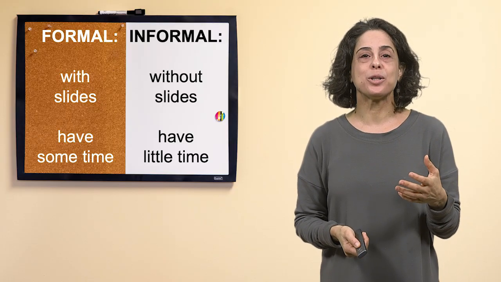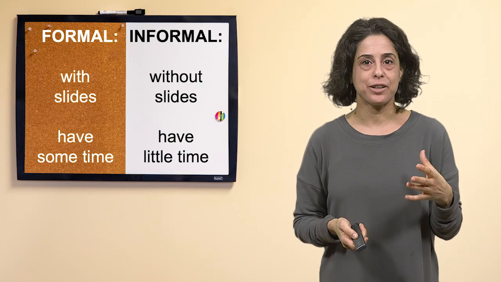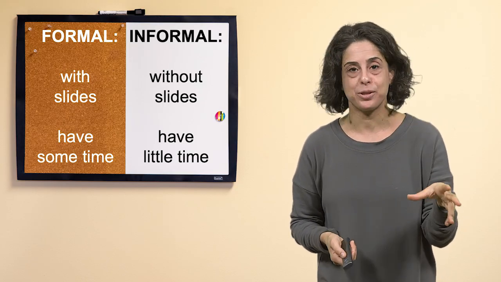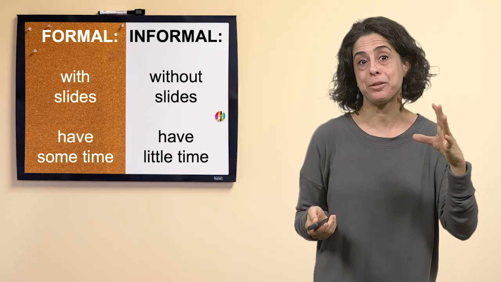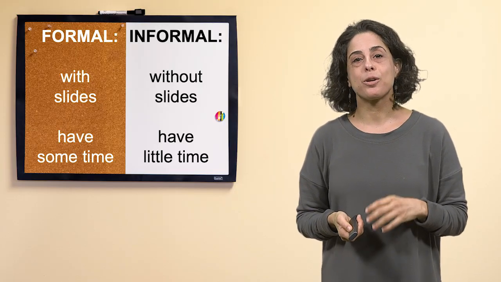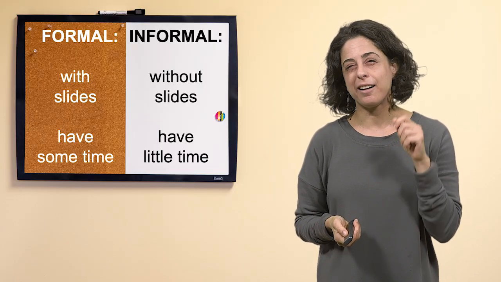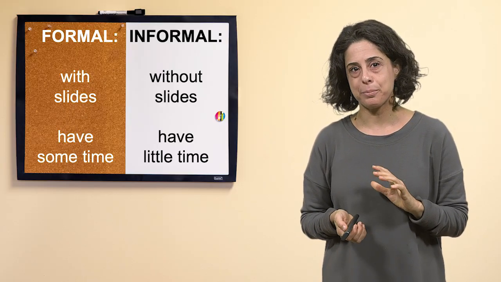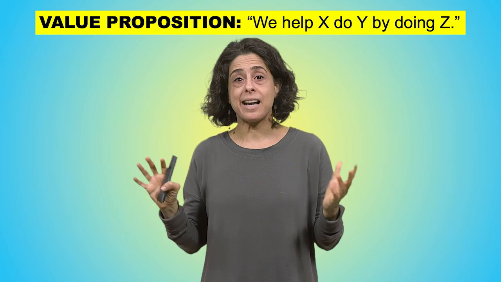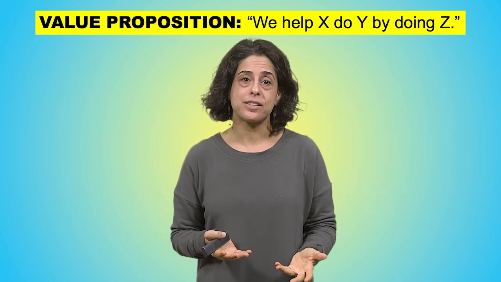Now, sometimes it also happens in a formal setting like a conference where they just want 30 seconds or 60 seconds to give an elevator pitch. It's also sometimes called a lightning pitch. And so the point is that you just want to have like one sentence where you say what you're doing. Stick to the basics. When in doubt, just use your value proposition.